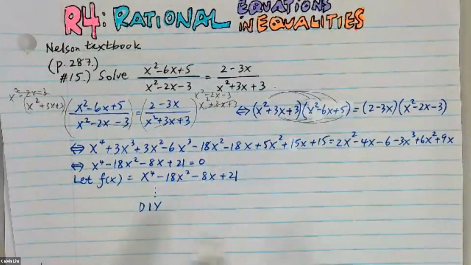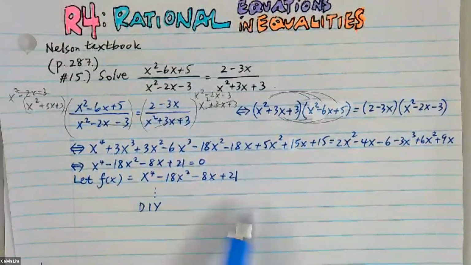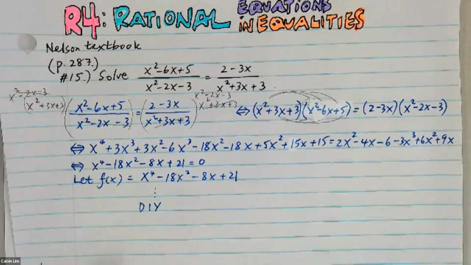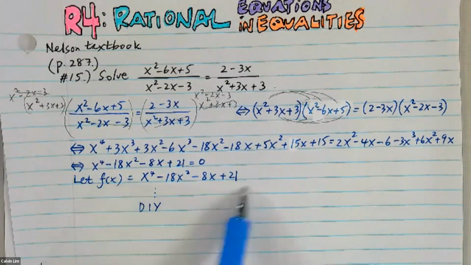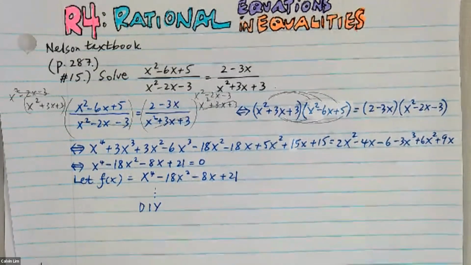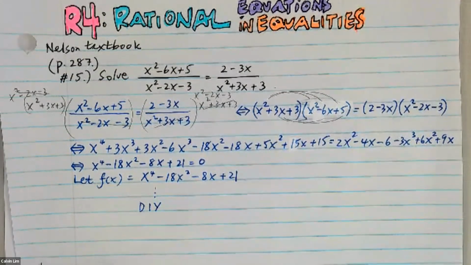I don't think this has a rational solution. So if you cannot come up with a zero for this using the rational zero theorem and the factor theorem, that means you're not going to be able to solve this algebraically. You have to solve it graphically, right?